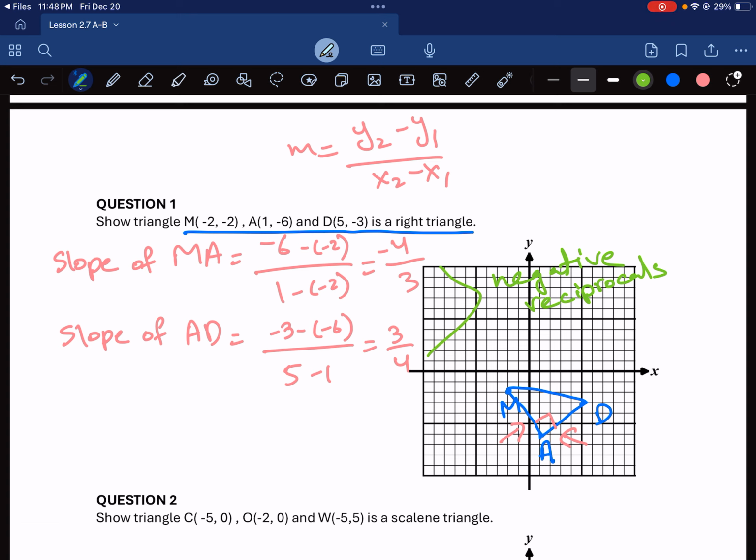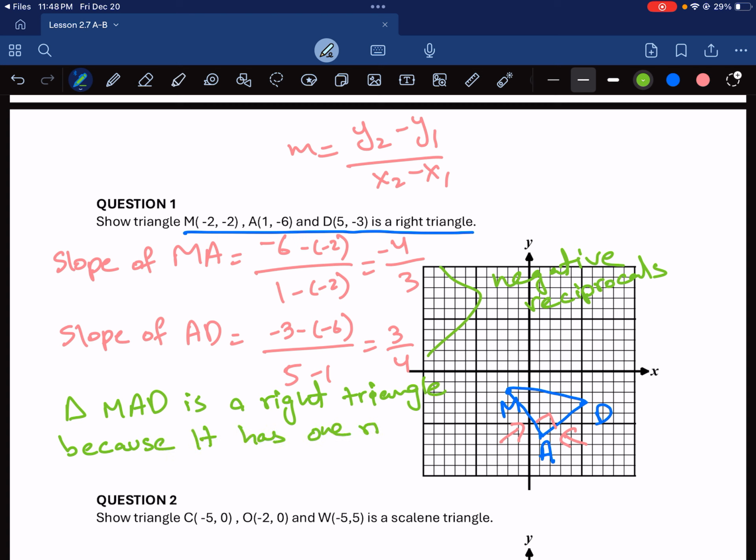So we're done. We're going to write: triangle MAD is a right triangle because it has one right angle due to lines being perpendicular.